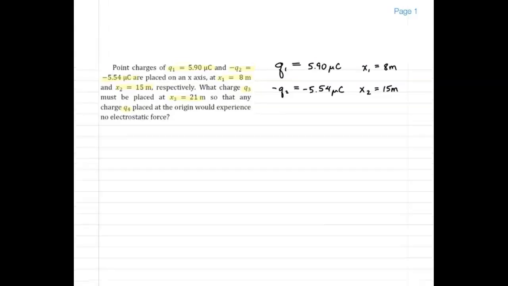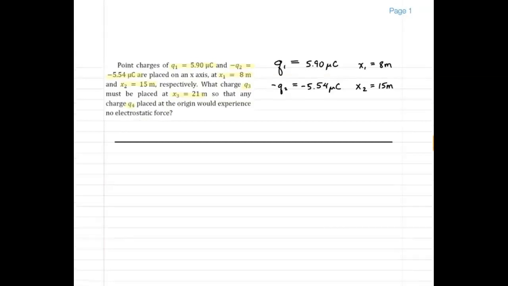So we're going to draw a picture of number lines, since everything's happening on the x-axis, where these charges are placed. So here's an x-axis going from left to right, and the highest number is 21 meters. So we can put 0 here, and the furthest over here would be 30.